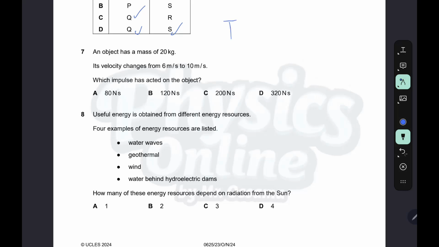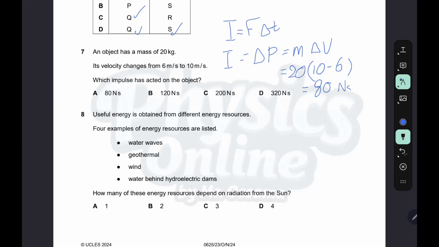Impulse equals force times time, or impulse equals change in momentum, which equals m delta v. m is 20, delta v changes from 6 to 10. 10 minus 6 gives 4, so 20 times 4 equals 80 newton seconds. So the answer is E.